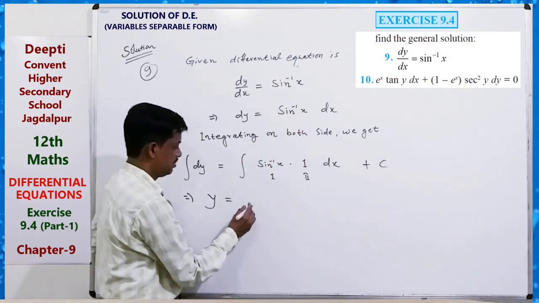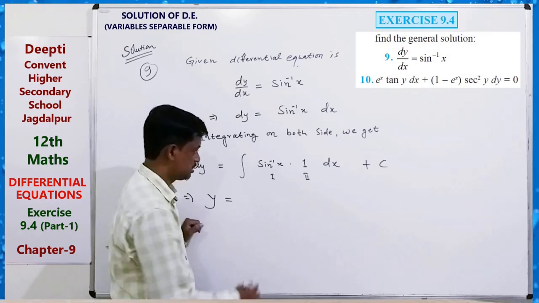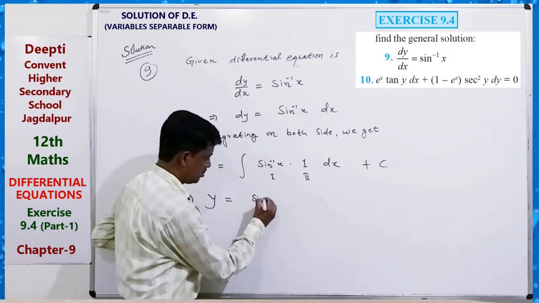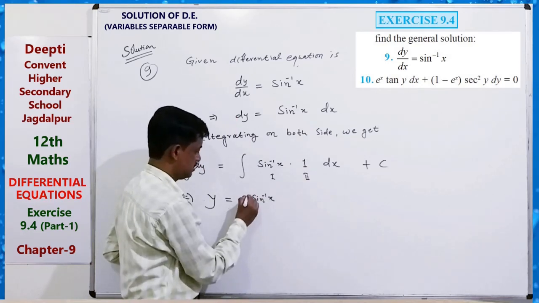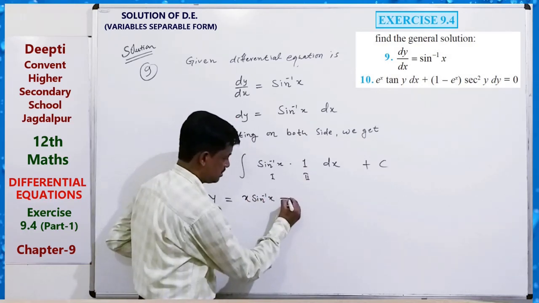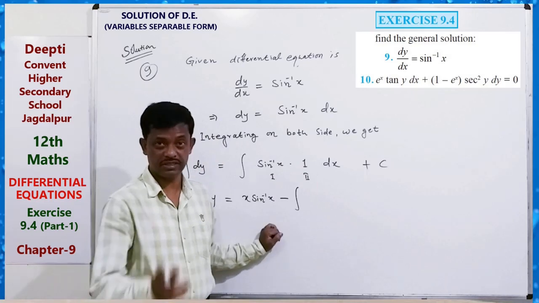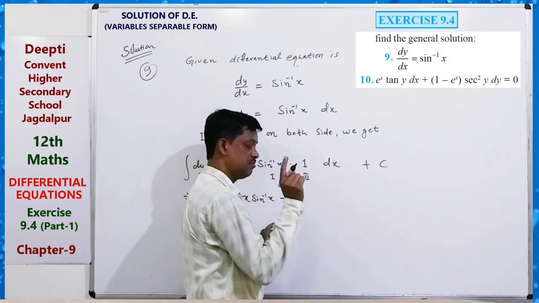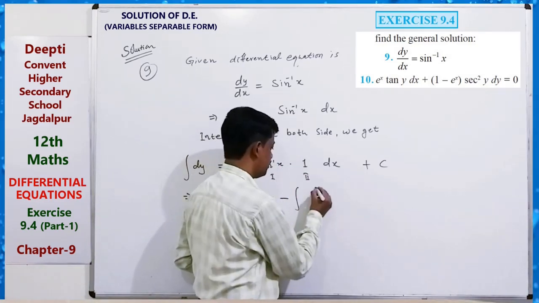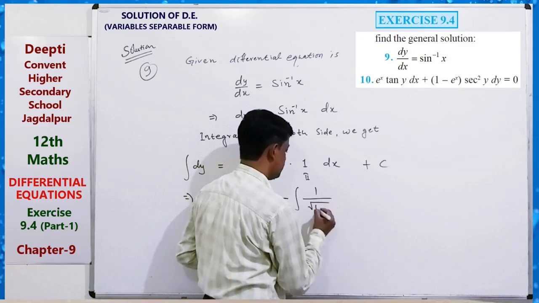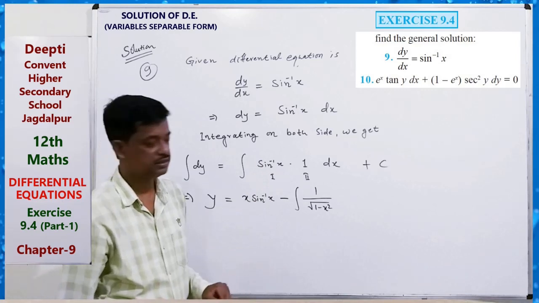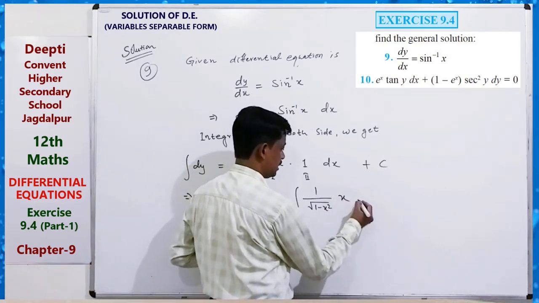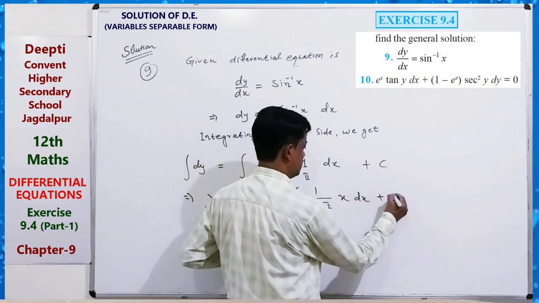Now solve. By parts method, first function into integration of second, x, minus integration of differentiation of first function, sin inverse x, differentiation 1 upon root of 1 minus x square, into integration of second, dx, plus c.